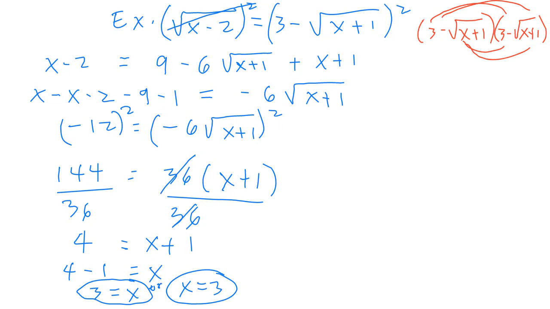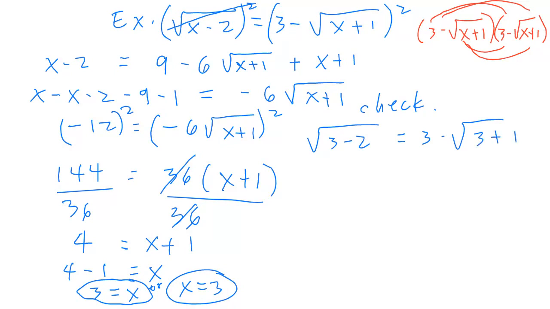So now we have to check if that is the right value. So checking by plugging that in back to the original expression. So 3 minus 2 equals 3 minus, we plug in the value for x, which is 3 plus 1.